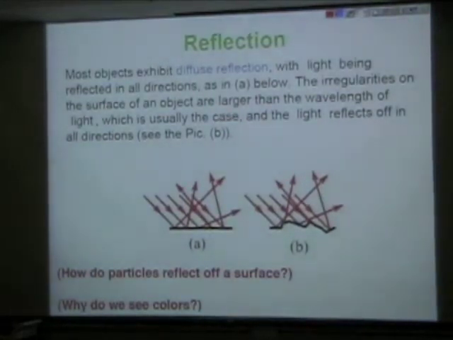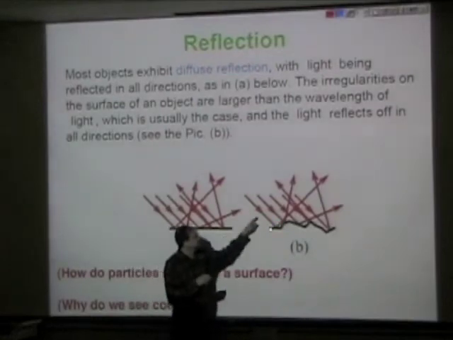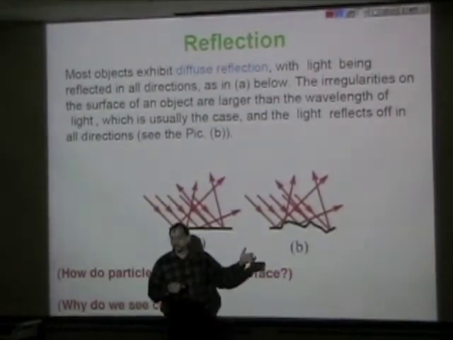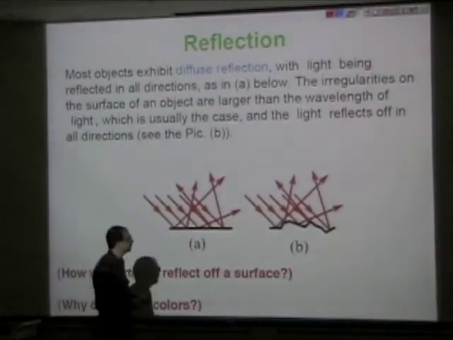Well, a regular surface has a lot of bumps on it. So for each individual ray, we always can apply the law of reflection. The angle before and after reflection is the same.